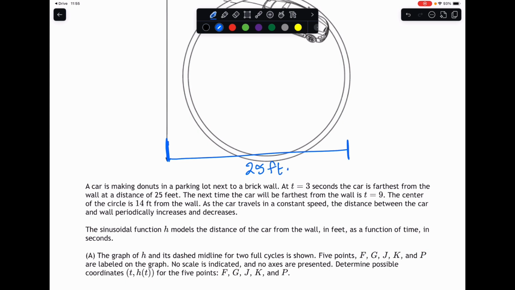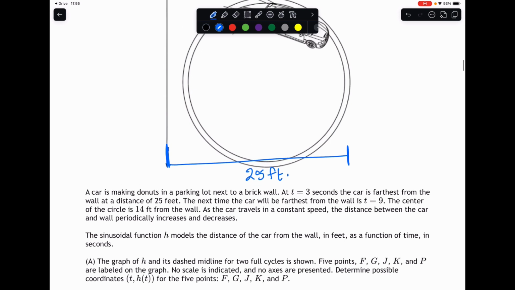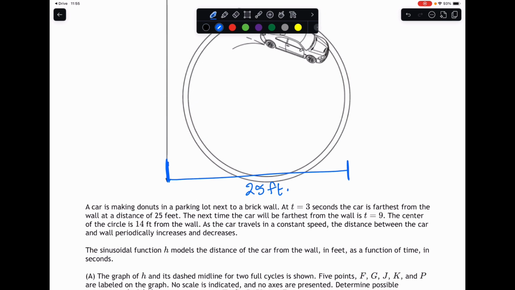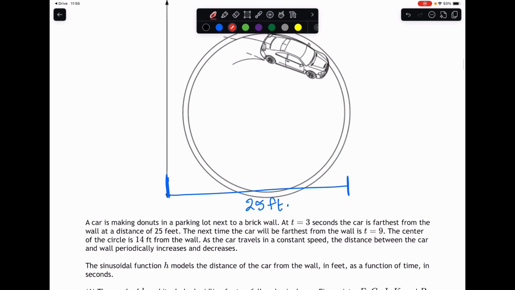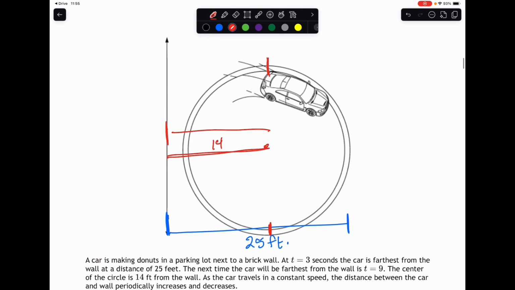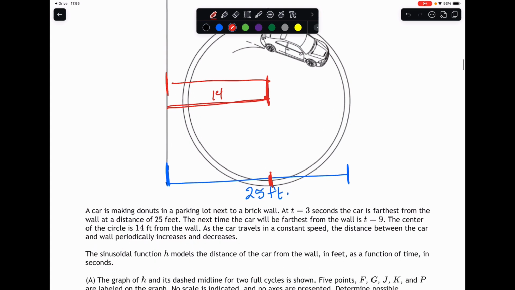The center of the circle is 14 feet from the wall. So the distance from here to the center, that's a total of 14. So that means that anytime the car is here or up there, the car is going to be 14 feet from the wall.